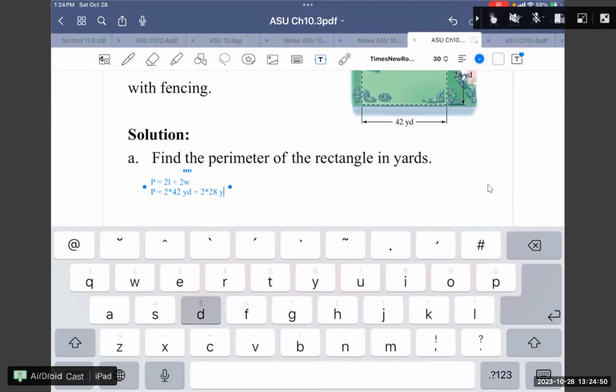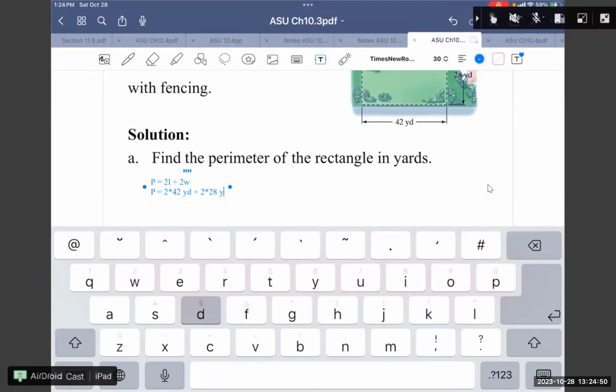Now we convert to feet. How do you convert to feet? We have 140 yards over 1, times 1 yard is 3 feet.